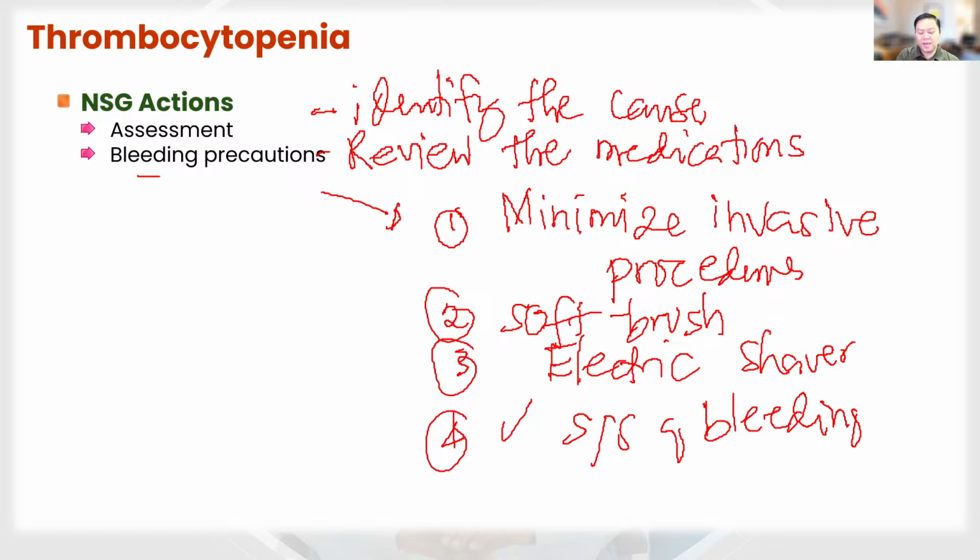Now, part of the nursing actions here, guys, would be to monitor for any complications, more signs and symptoms, and we're going to have to educate the patient on the steps they should take to report to the doctor, especially if they notice any of those manifestations. Yeah, avoid flossing teeth. That's another one. No flossing of teeth.